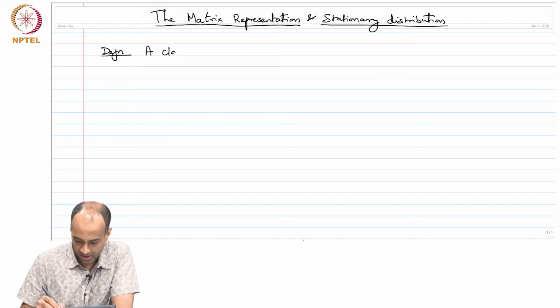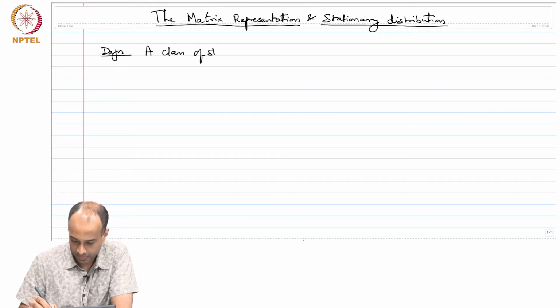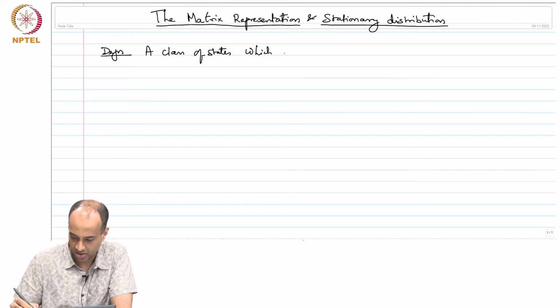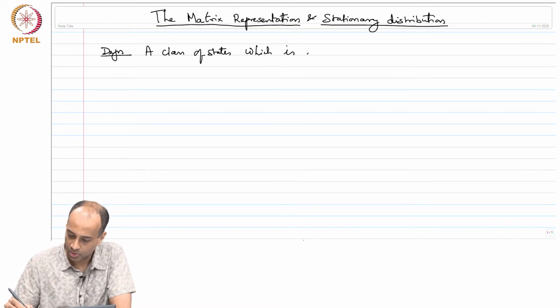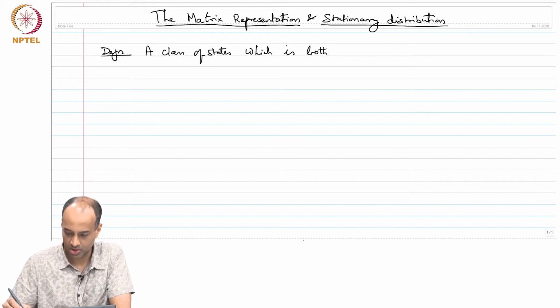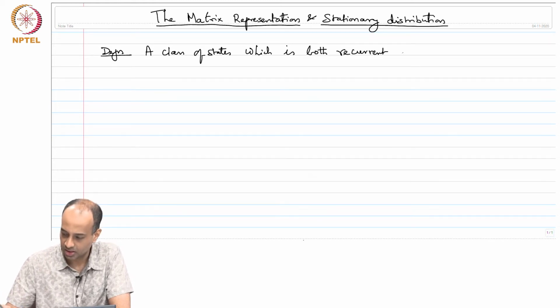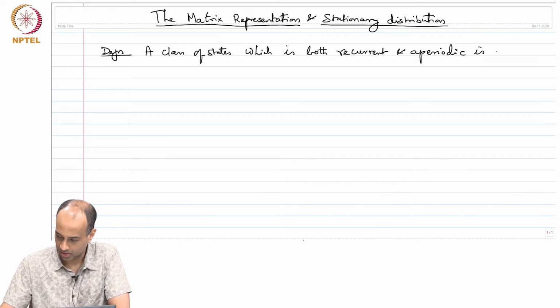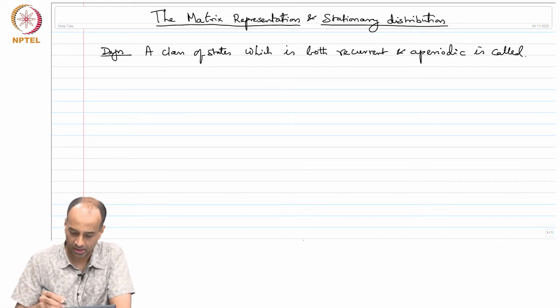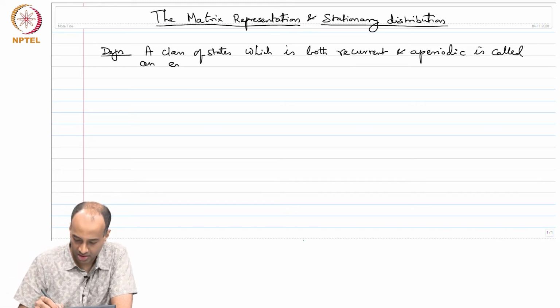A class of states which is both recurrent and aperiodic is called an ergodic class.